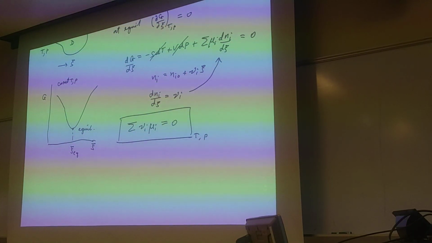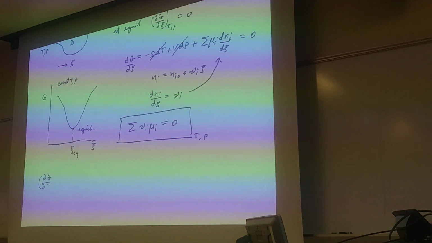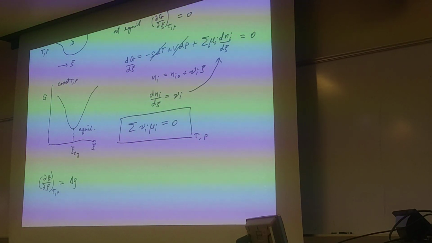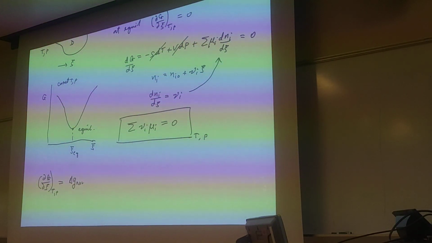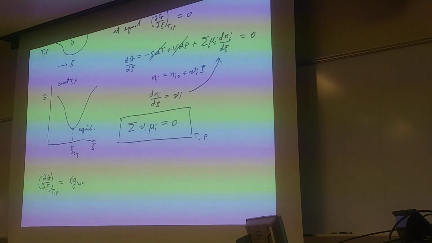Well, let's look at what this thing is again. The shorthand notation for this is ΔG_rxn. So that is the molar Gibbs free energy change of reaction.